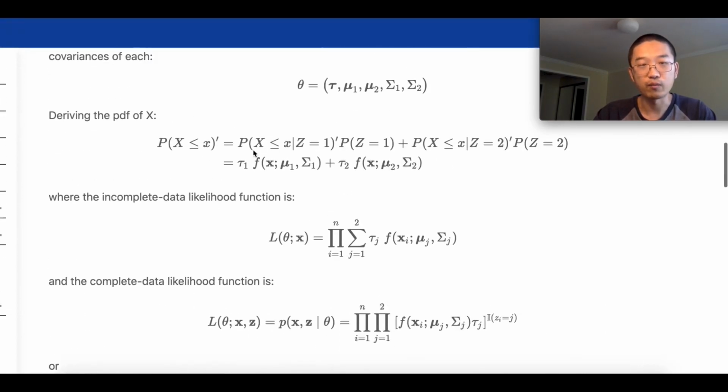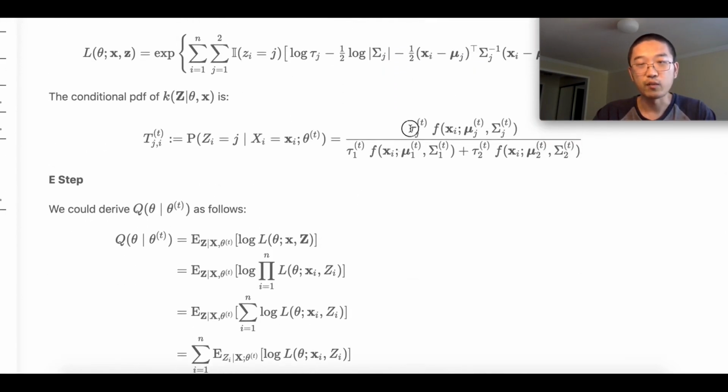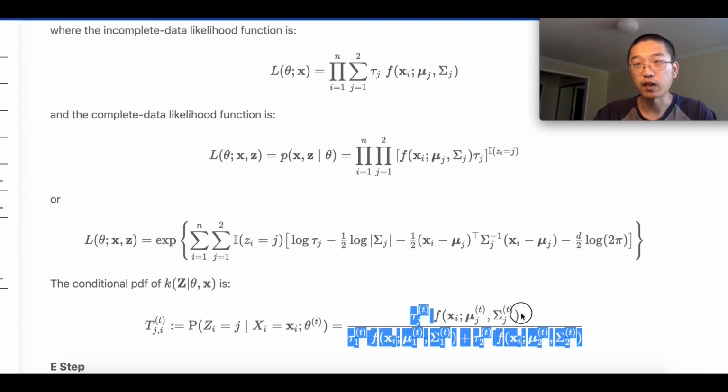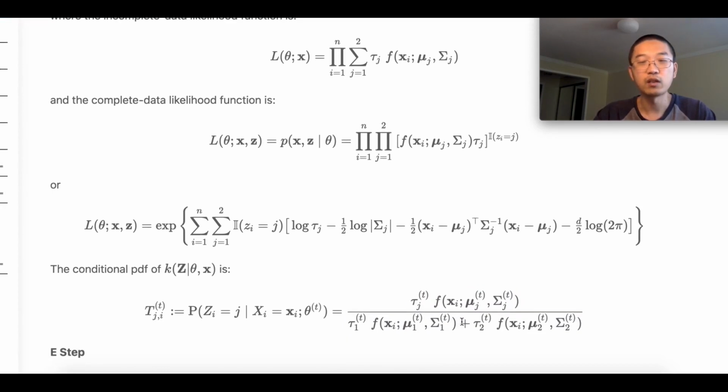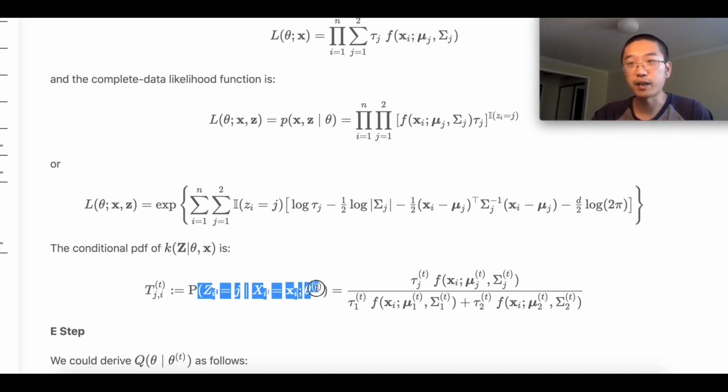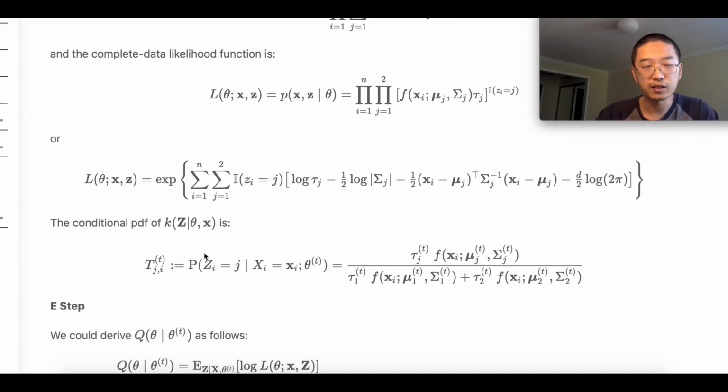We are using similar Bayesian rules here. And then we get the value of tau j times the PDF of the Gaussian distribution.